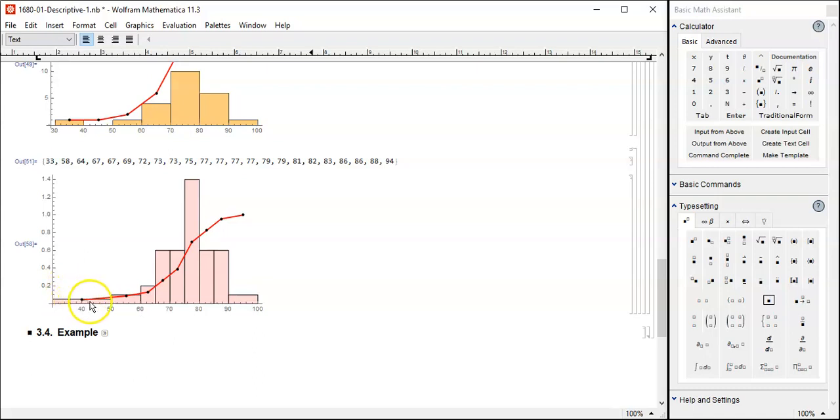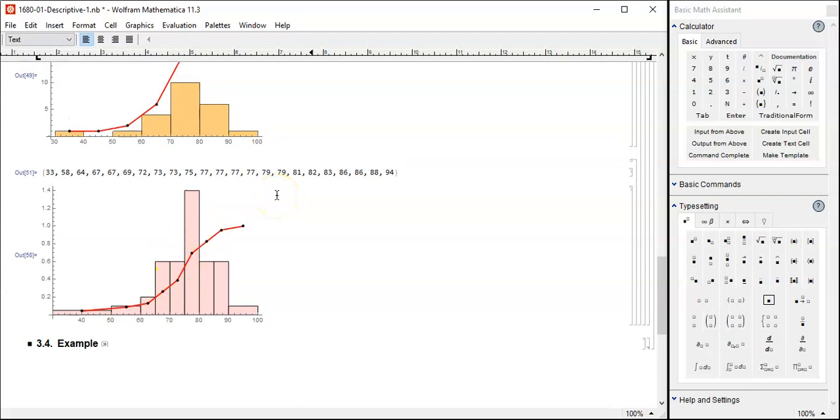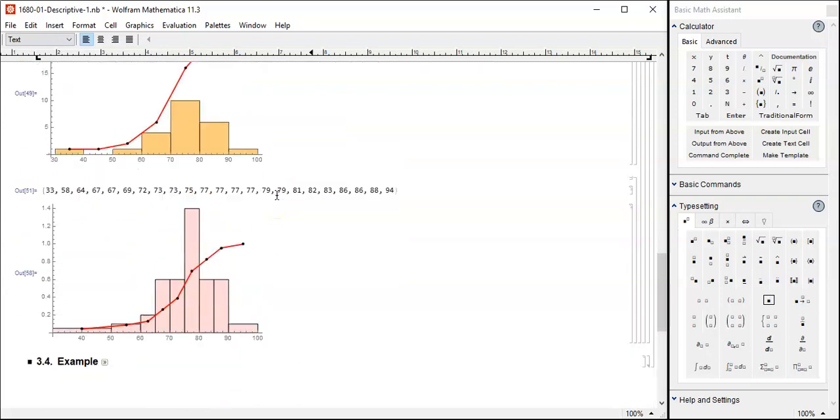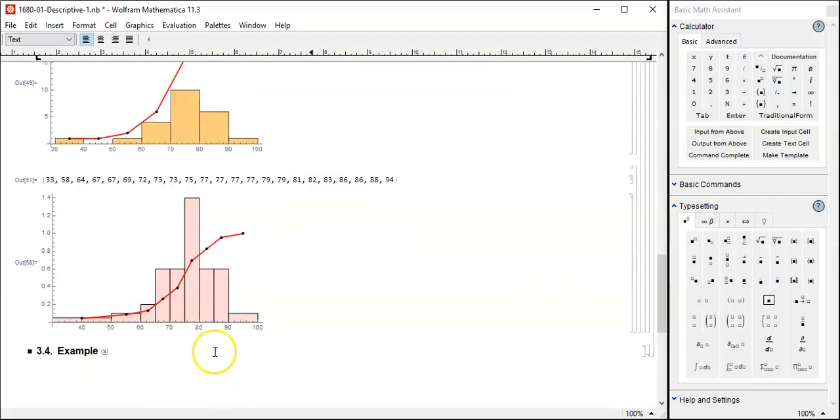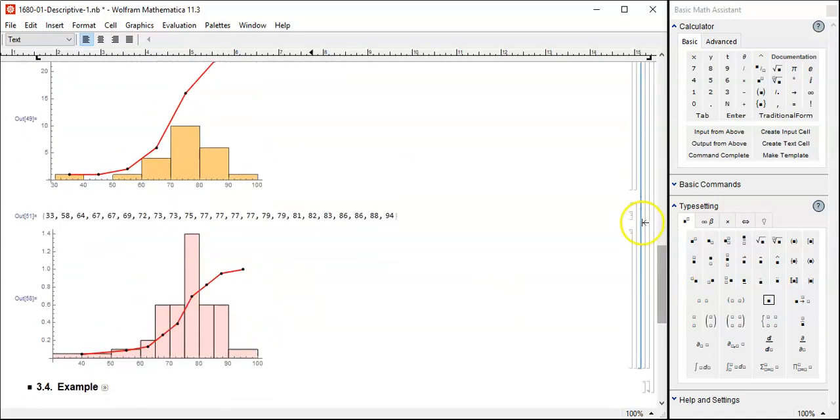And then same shape of the box forms. But this one is a little bit advanced, so don't try to do this unless you know what you're doing.